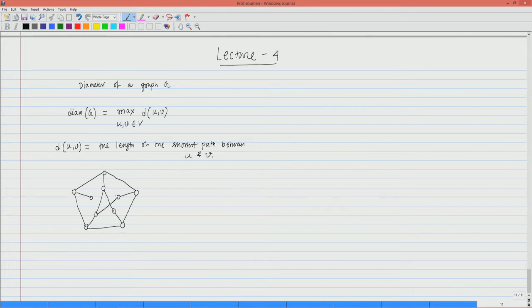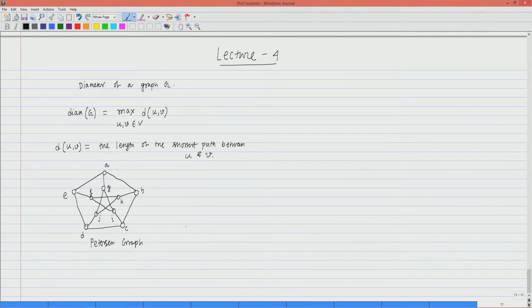Similarly, these two vertices are adjacent and these two vertices are adjacent. So, this is what the Petersen graph is. Now, I can label them A, B, C, D, E, F, G, H, I and J.